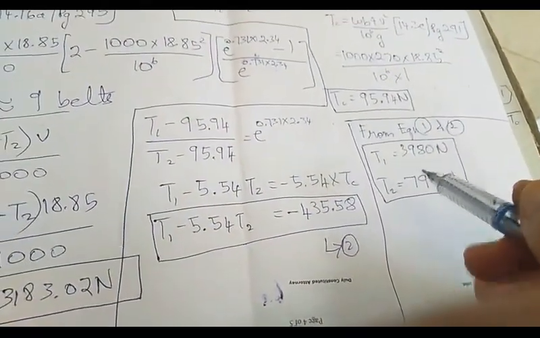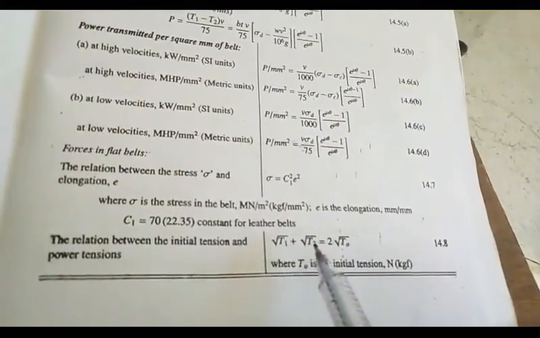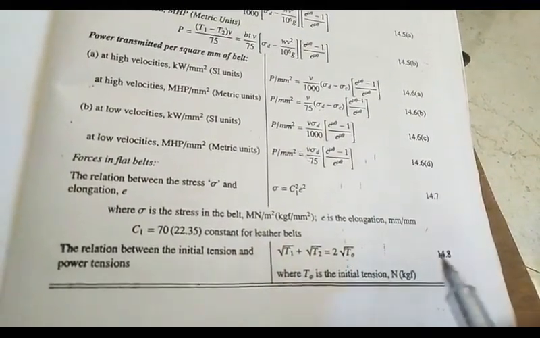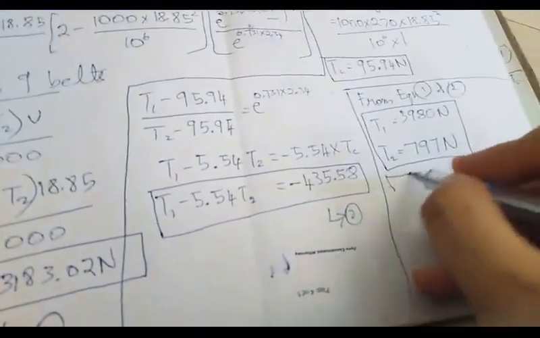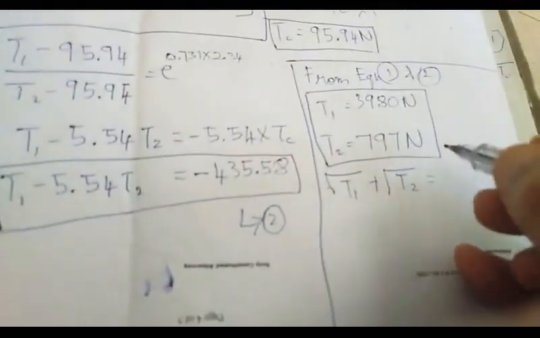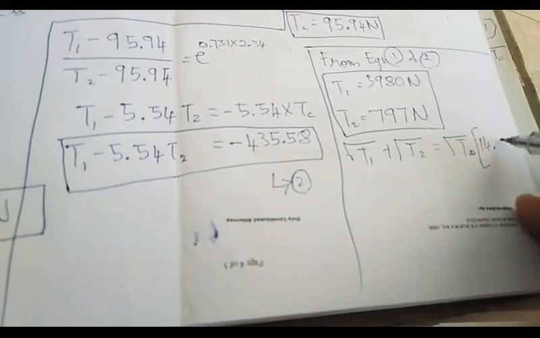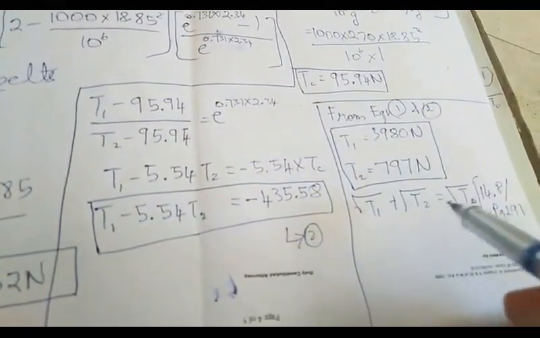In the question they have asked us to find the initial tension. The formula is square root of T1 plus square root of T2 is equal to 2 into square root of T0, equation 14.8, page number 291. We have both values T1 and T2. We'll substitute here and find the value of T0.